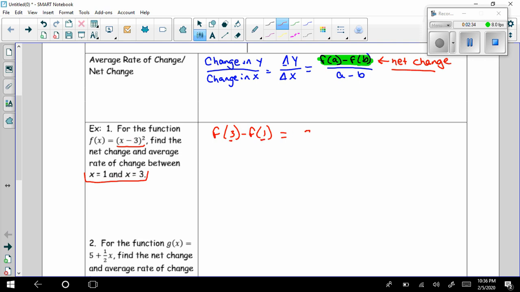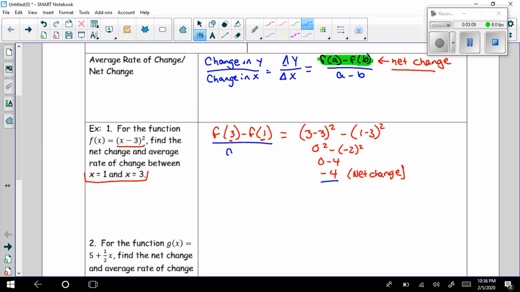So we do 3 minus 3 squared minus 1 minus 3 squared. So 0 minus negative 2 squared. So 0 minus 4 is negative 4. So this is your net change. That needs to go on top of the change in your x's.